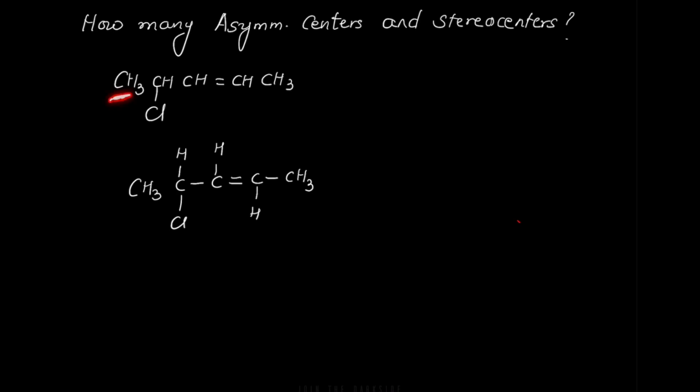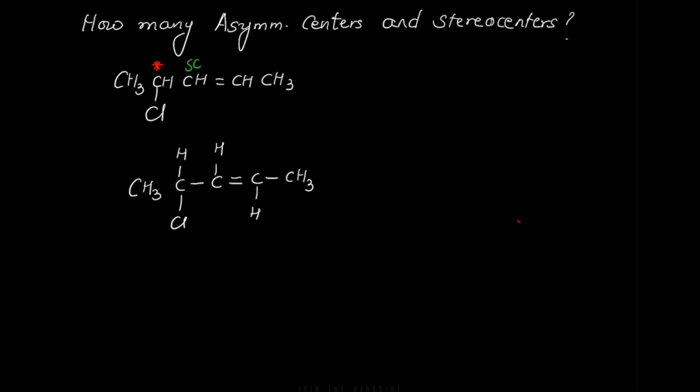So this carbon right here is not going to be a chiral center because it doesn't have 4 different groups on it, but this carbon is. Okay, so this is a chiral center, which means it is also a stereocenter. And when you look into the next carbon right here, it has a double bond, and it's connected to 2 different groups, for which you can assign the cis and trans configuration, and therefore this is a stereocenter.